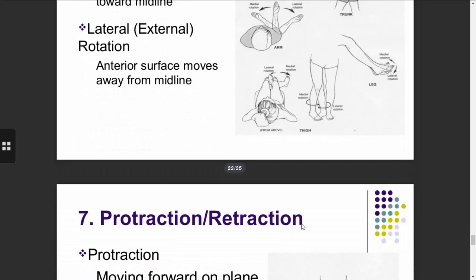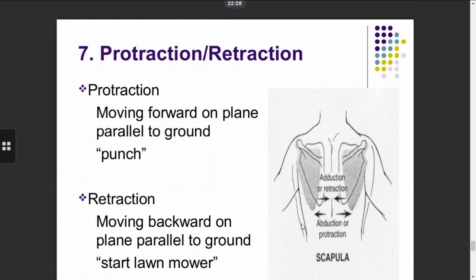So this is done. Now seventh one is protraction and retraction. Protraction means moving forward on a plane parallel to the ground. If we imagine a scapula is moving forward, like this one, this is the normal position, it is going forward, then we will call it protraction. Punch means that if you are punching something, you can imagine the movement of the scapula going forward.